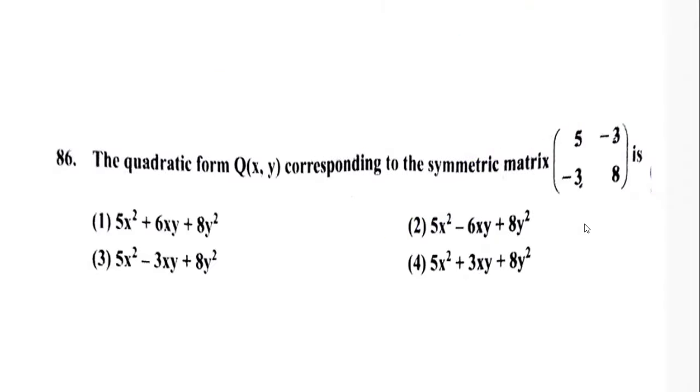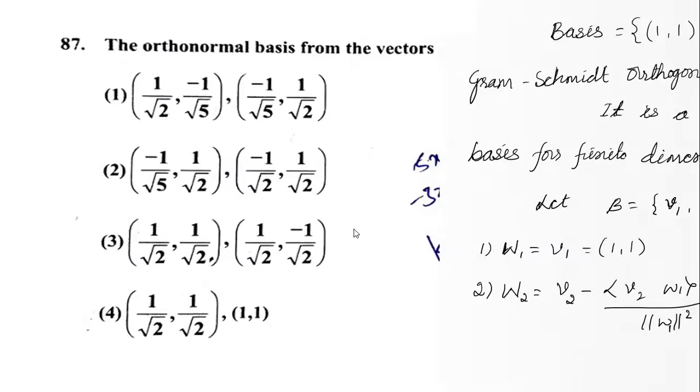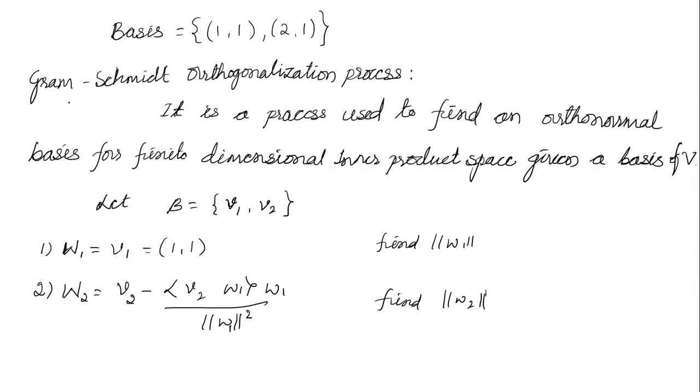Simple question. See, the orthonormal basis for the vectors (1, 1) and (2, 1) in R square. This question can be solved using the Gram-Schmidt orthonormalization process.